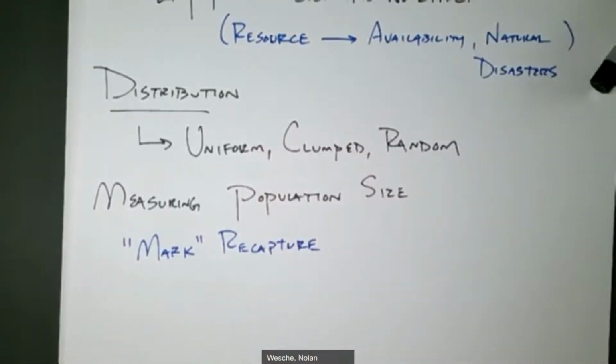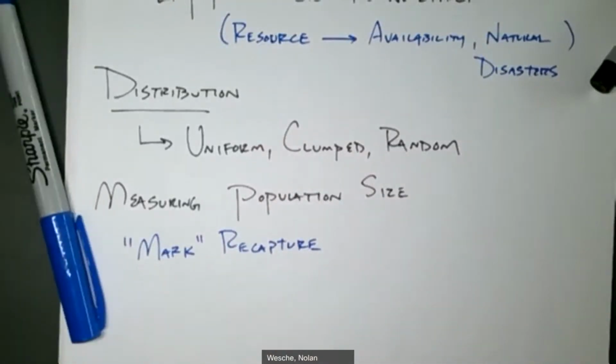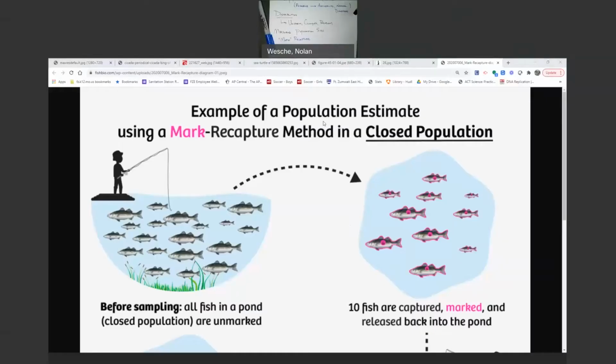So let's go ahead and get a look at this. On the left, we have this individual fishing in a closed water source, a small pond, and they are going to catch 10 fish, right? And that's what we see here in the pink. And they're going to tag them or mark them and then release them back to the pond.